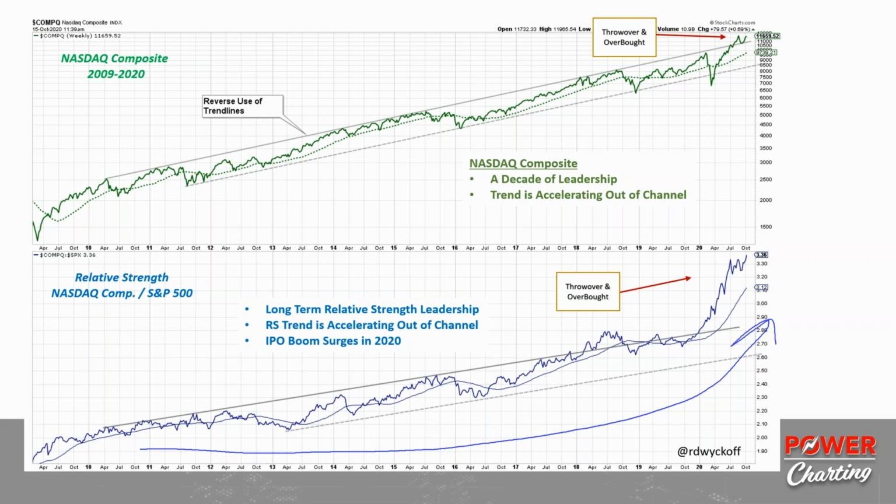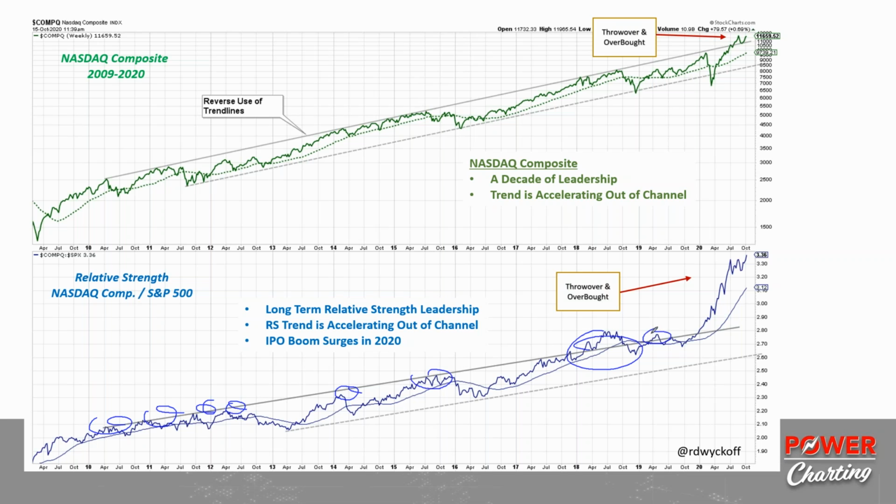So you can see the Nasdaq price chart on top, and you can see a beautiful Wyckoffian trend channel, reverse use of trend lines, which means the primary trend line is drawn over the top of the market, and look how beautifully that trend line works. Now we're getting a throwover, which could be a sign of exhaustion, but we won't really know that until it comes back into the channel.